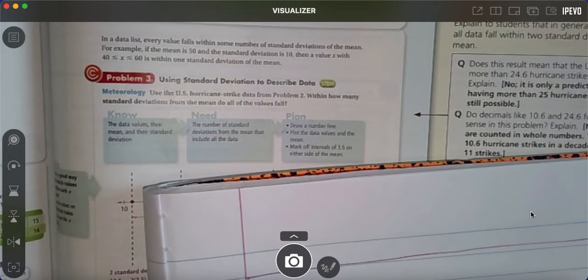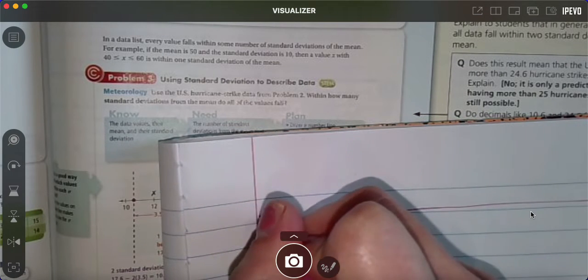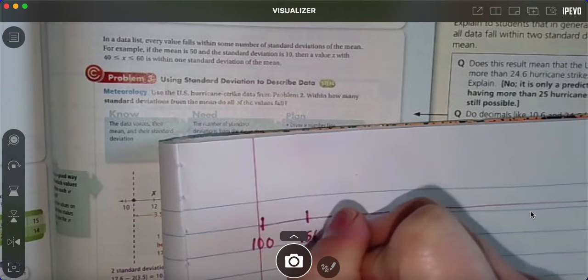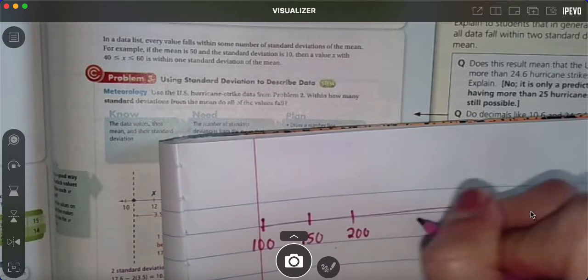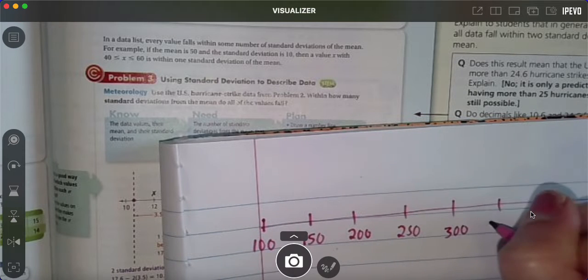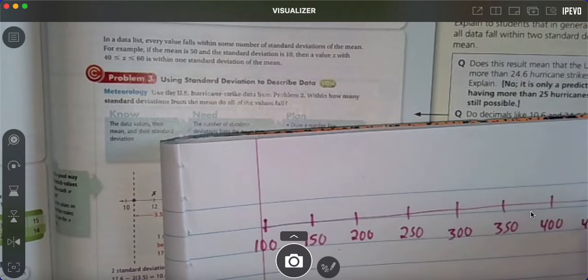So I'm probably going to count by 50s. 100, 150, 200, 250, 300, 350, 400, 450, 500, and 550.